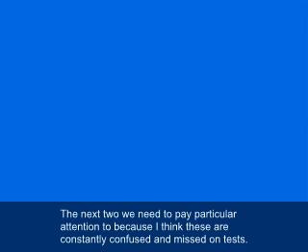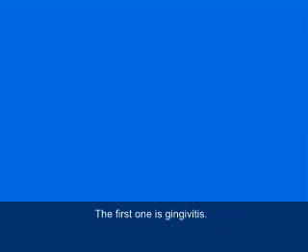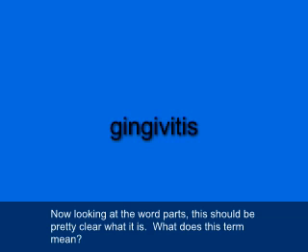The next two we need to pay particular attention to because I think these are constantly confused and missed on tests. The first one is gingivitis. Now, looking at the word parts there, this should be pretty clear what it is. What does this term mean?